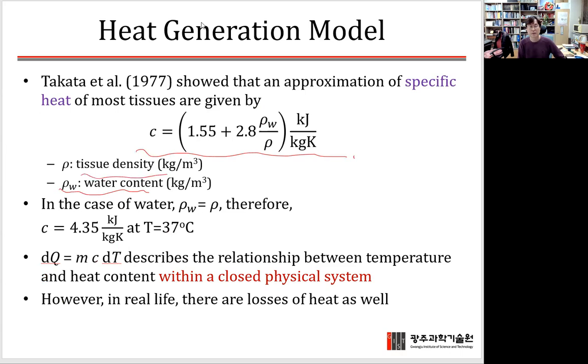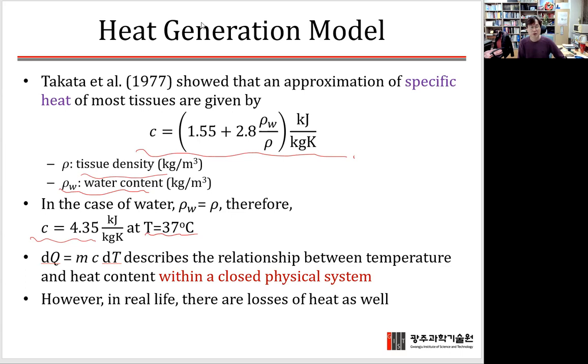Basically it means the water amount in a tissue volume. So in the case of water, this becomes 1, so that C is simply 4.35 at a temperature of 37 degrees Celsius.